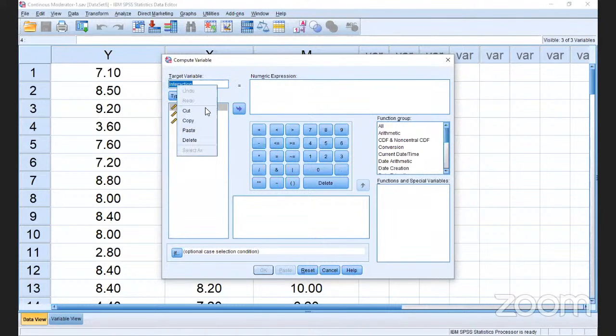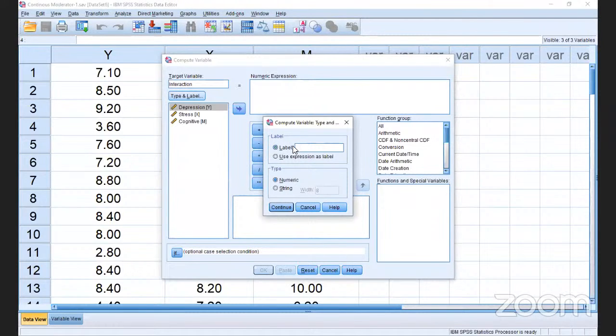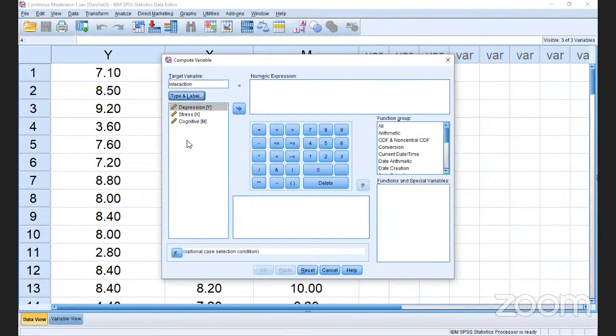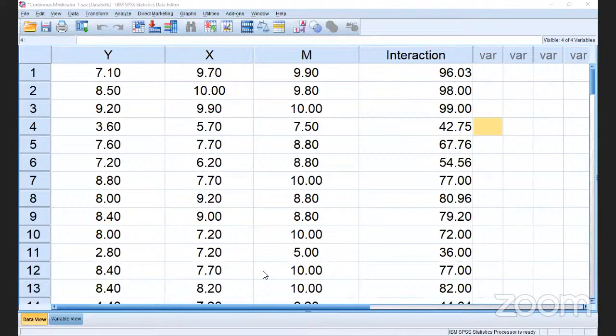Copy, type and label, paste and continue. So the interaction between stress and cognitive, okay, and then okay.